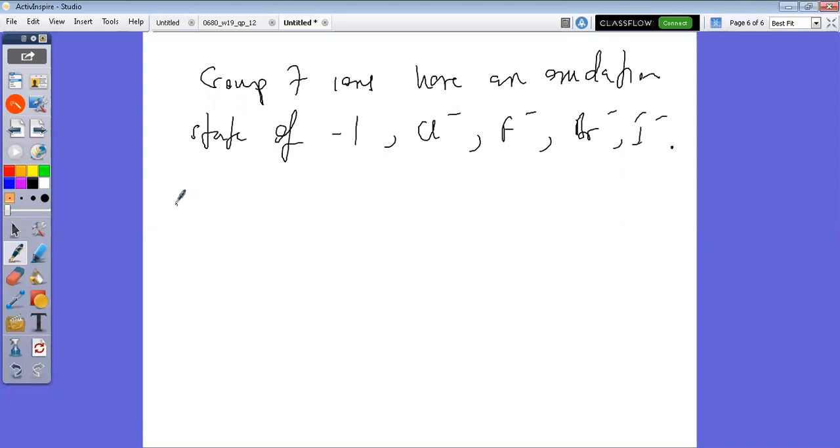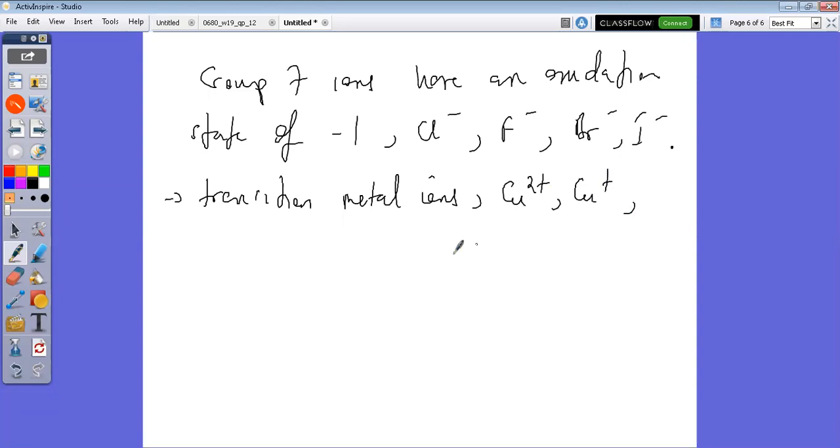Then let's look at some transition metal ions that we need to know. We have copper 2+, and also copper +, depending on what it's bonded to, but 2+ is the most common one.